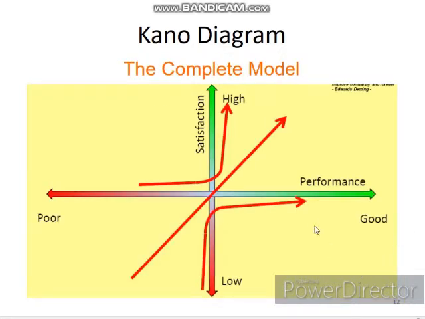So if you combine all those lines together, then basically you have a complete Kano diagram, where you have the excitement line here, this is basically the performance line, and this is basically the basic line. So you have to identify features of your product for all these categories.